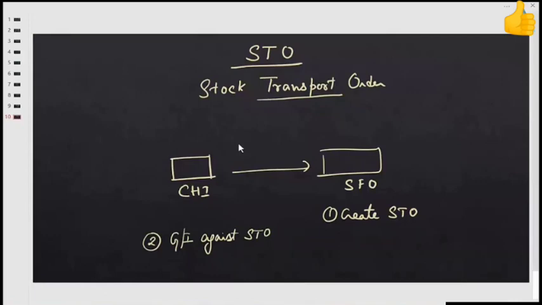So you issue the goods, and step number 3 is goods receipt against the same STO. Just 3 steps. Now, what is the difference between these 3 steps and transfer posting that we have seen earlier? How different are they?